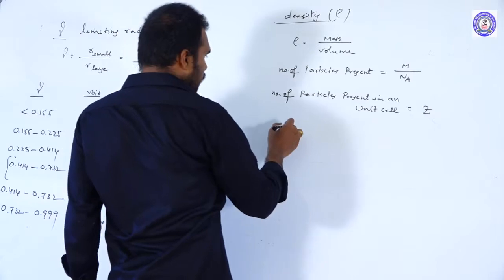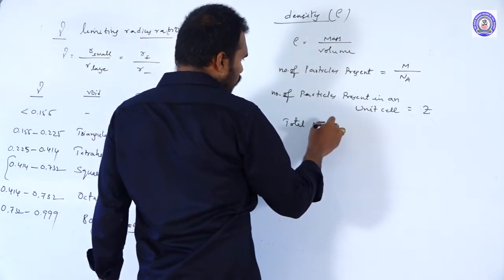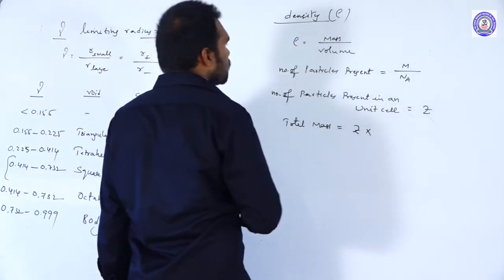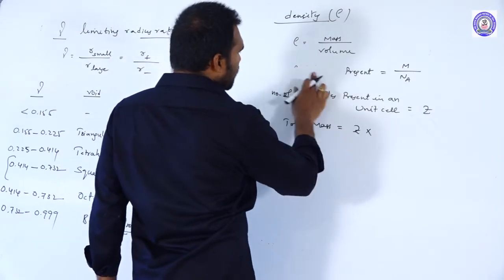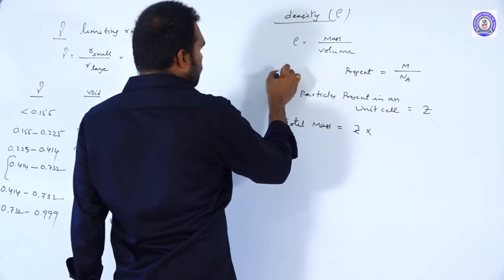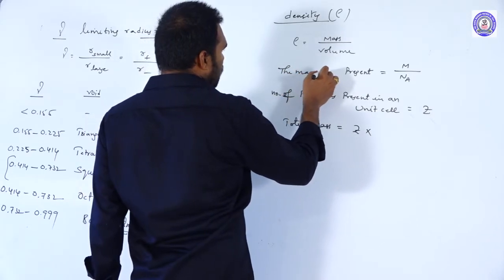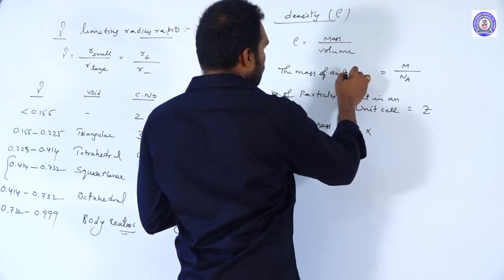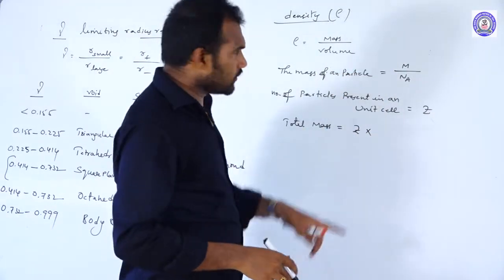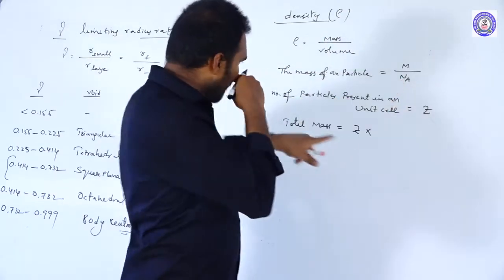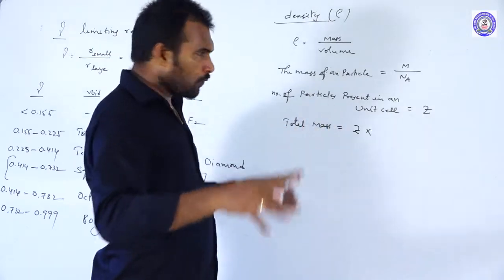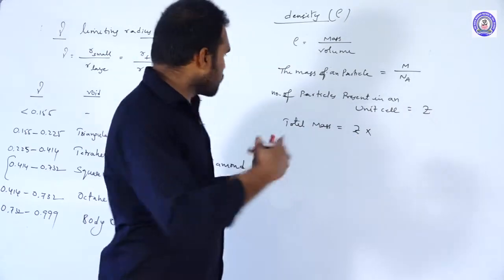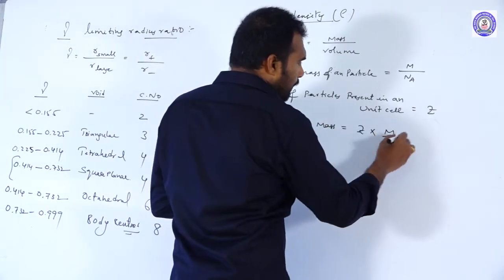So the total mass is equal to number of atoms into, so this is not the number of particles, the mass of a particle. The mass of a particle is equal to total mass divided by Avogadro number, and number of particles present is equal to Z. So mass of each particle is M by Na. The total number of particles is equal to Z. So the total mass is equal to Z into M by Na.